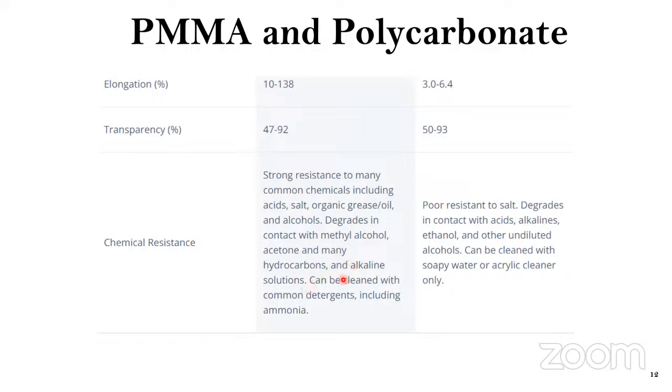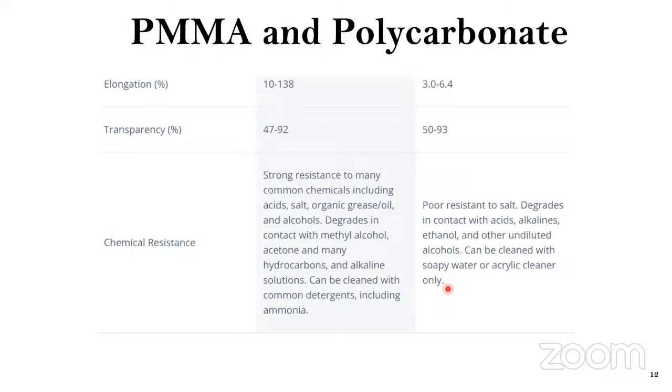Alkaline solutions also, and it can be cleaned with some common detergents, including ammonia. But if you see PMMA, it has very poor resistance to salt, or degrades in contact with acid, alkaline, ethanol, or other undiluted alcohol, but can be cleaned with soapy water or acrylic cleaner only.